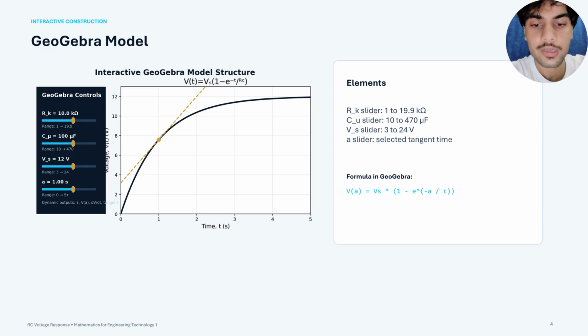And the fourth one is a, which allows us to select a particular moment during the charging process. Now, as you can see, the formula in GeoGebra is V(a) equals Vs multiplied by 1 minus e to the power of minus a divided by T. Here, T is the time constant, which is equal to RC, resistance multiplied with capacitance.